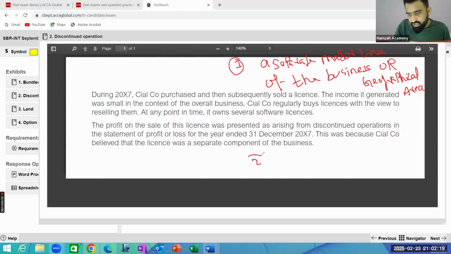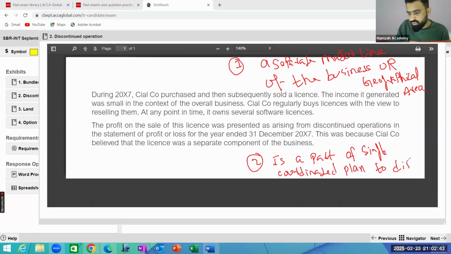Number two, or that is a part of a single coordinated plan to dispose of a separate major line of the business or a separate part of a geographical area.